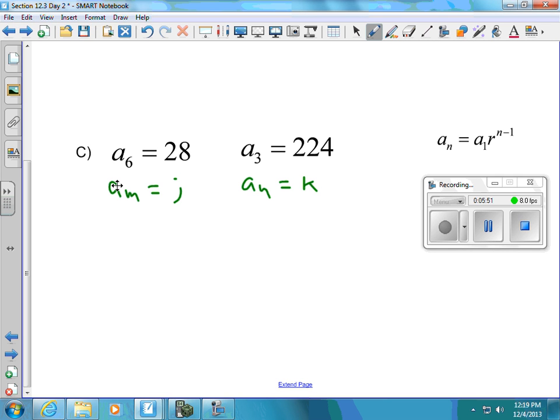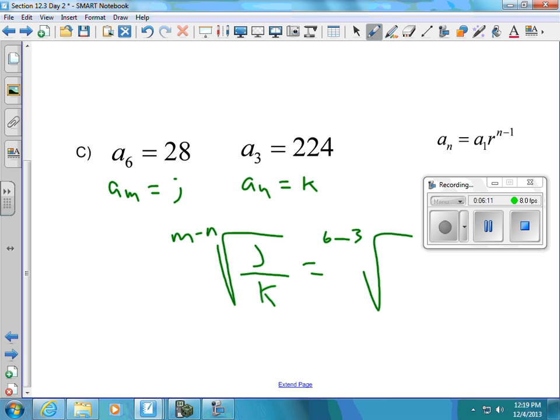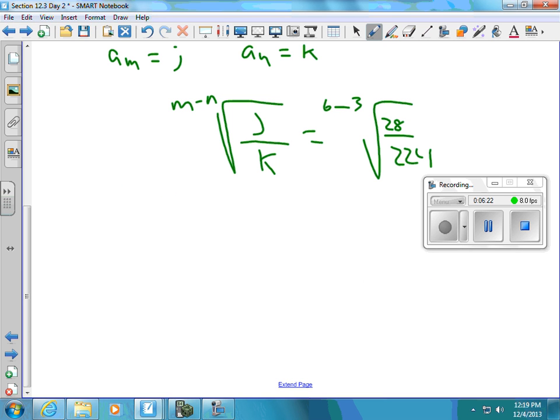So it's the m minus n root of j over k. So we have to plug in our m, n, j, and k. M is 6, n is 3, j is 28, k is 224.